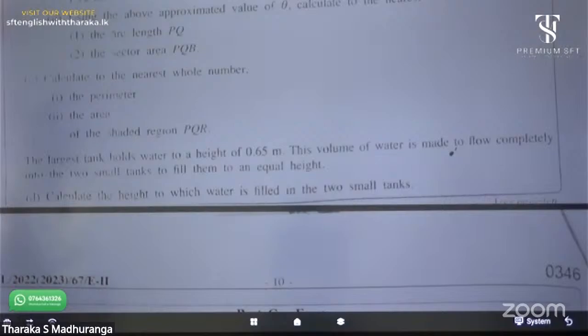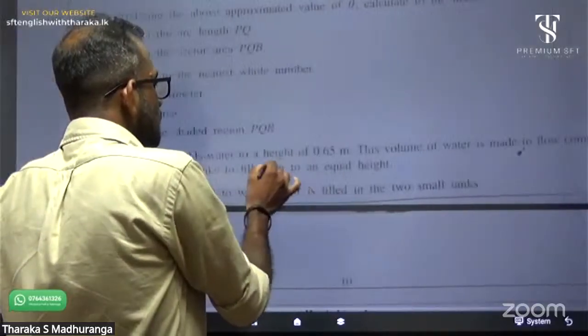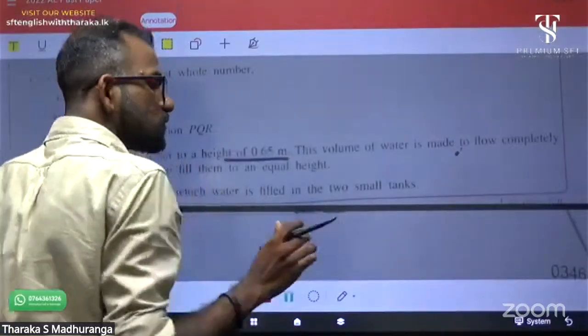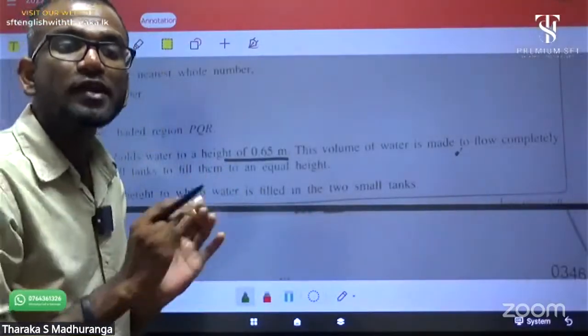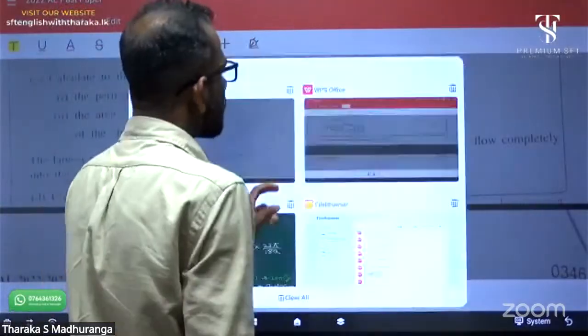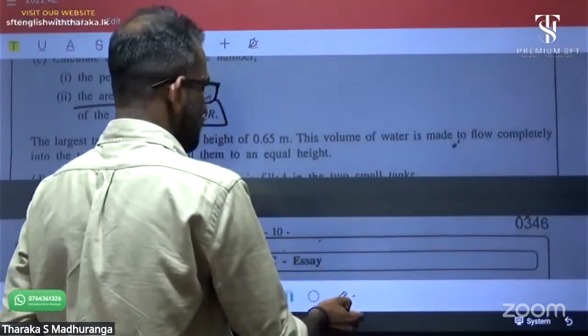The question asks what is the height? It is filling two small tanks. The larger tank holds water up to 0.05 meter. First of all, you can find the large tank volume.